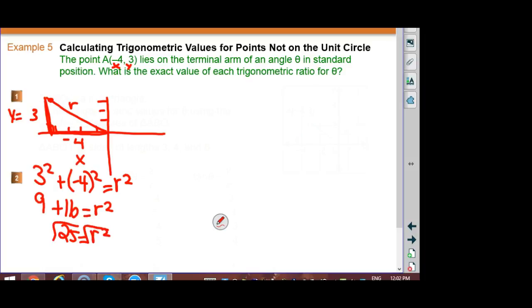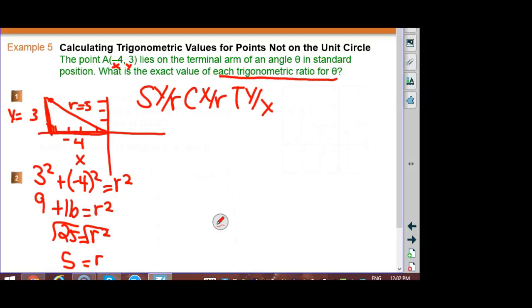So I root, and I get r is equal to 5. Now we have our x, our y, and our r, so we can use Sir Coxer Tix to find each of the trig ratios. Sine is going to be y over r, y being 3 and r being 5.